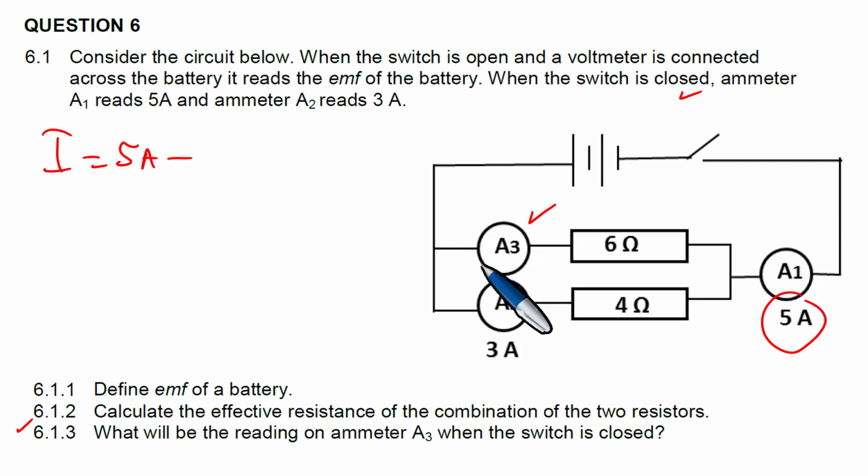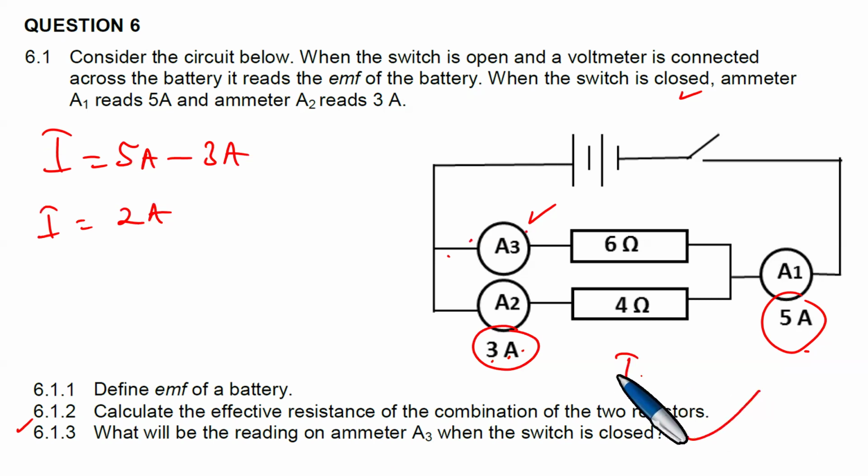To get the current through A3, we subtract the 3 amps, because this one plus that one is 5. So it is 2 amperes. You add 2 to 3 to get 5. So the current through A3 is 2 amperes. Next question.